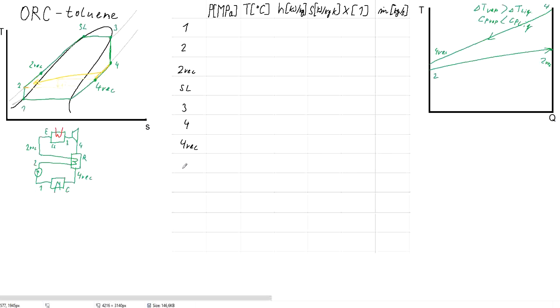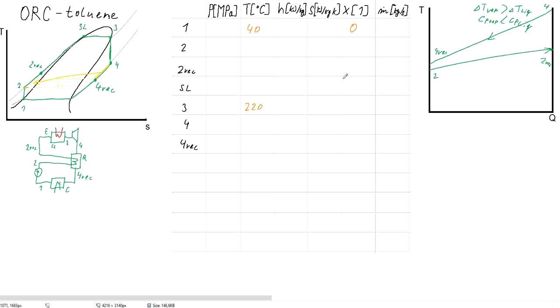Now, what we had specified was the temperature at the point 3, which was 220 degrees C, and the condensing temperature, which is temperature at point 1, which was 40 degrees C. Also, at the point 1, as we see from the diagram, we assumed no subcooling, so it will be saturated liquid, so the X is 0.